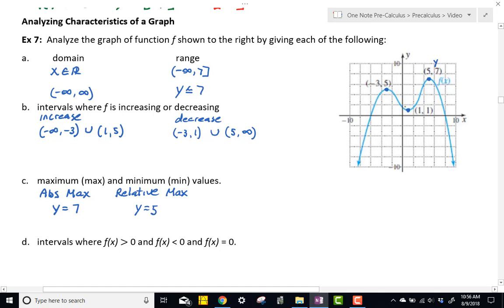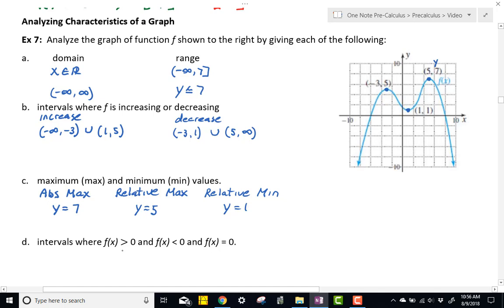I also have a relative min. Why do I not have an absolute min? Because this graph continues to go down forever on both sides, so there is no absolute min. My relative min is at the point (1, 1). So when y is equal to 1, I have a relative min.